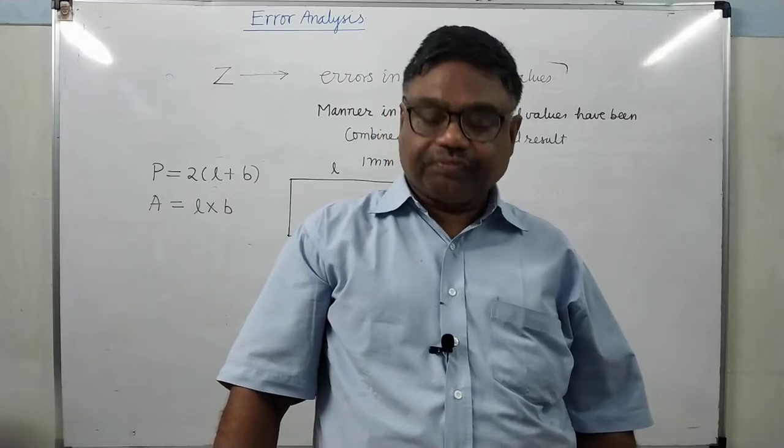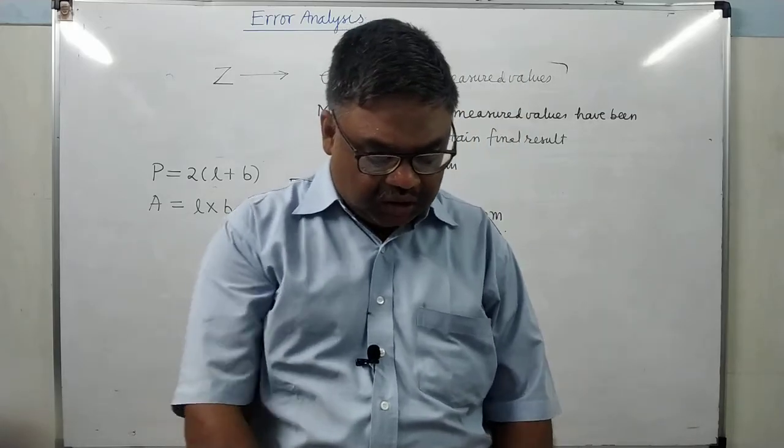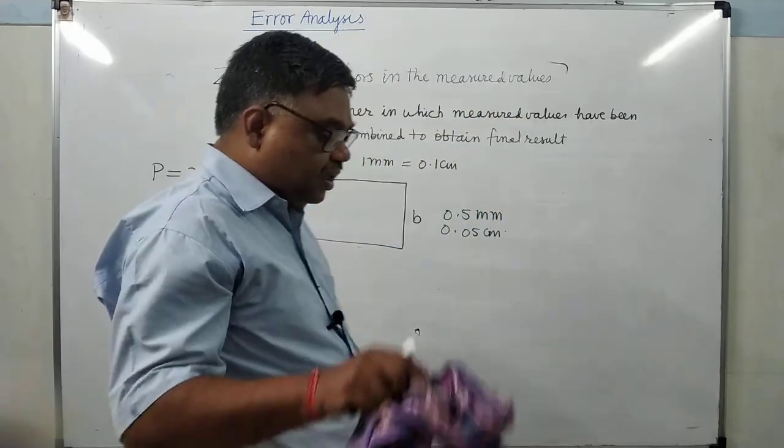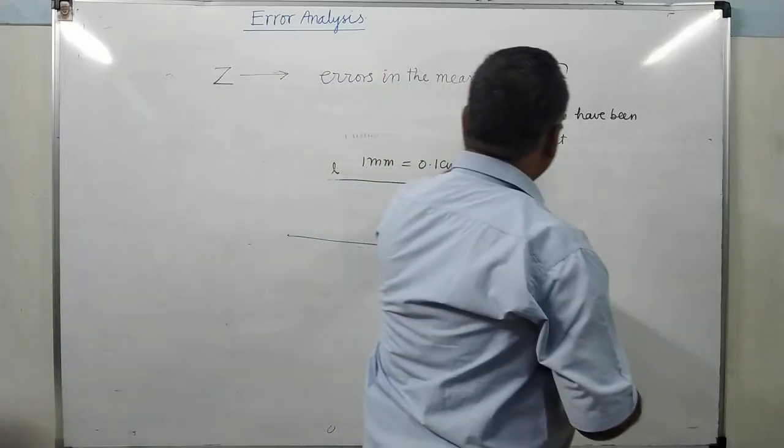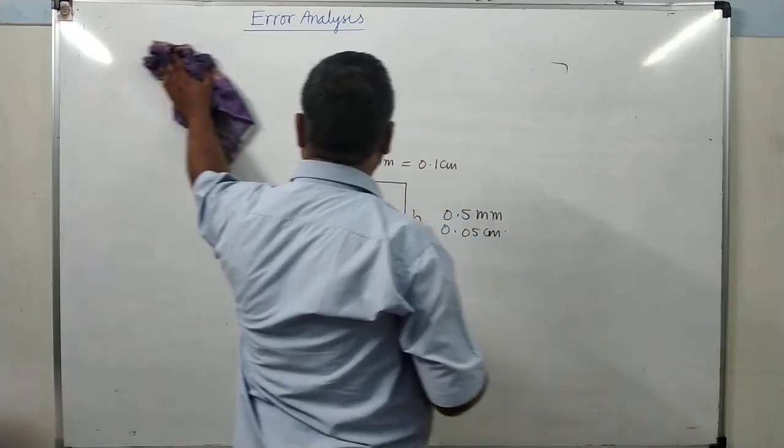So see here, now we will see, we have assumed there is a physical quantity z which depends upon two measured values x and y.